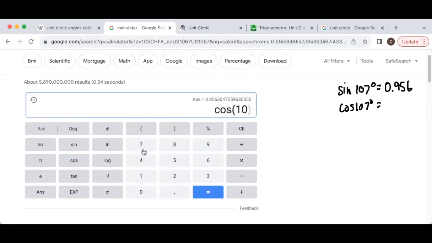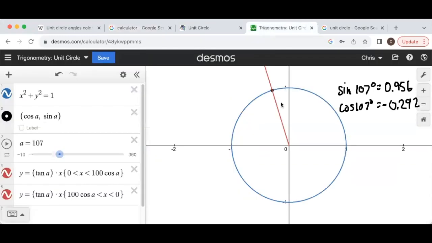Cosine 107. Also not a nice number. It's a negative number. Okay, so negative 0.292. All right. Now, I wonder what the coordinates of this point are going to be. I guess the previous example kind of gave it away, but take a wild guess.